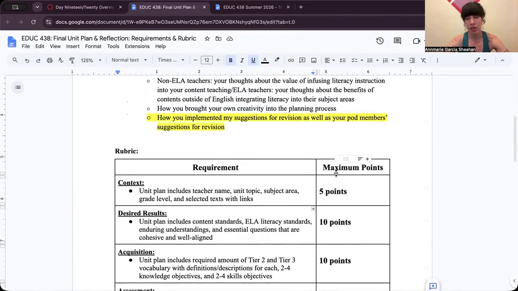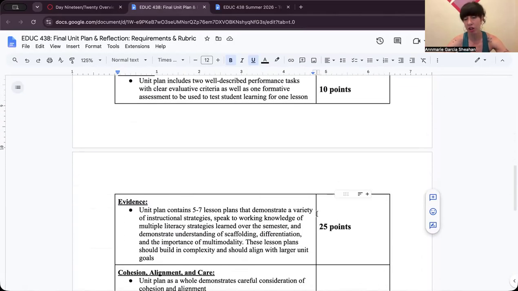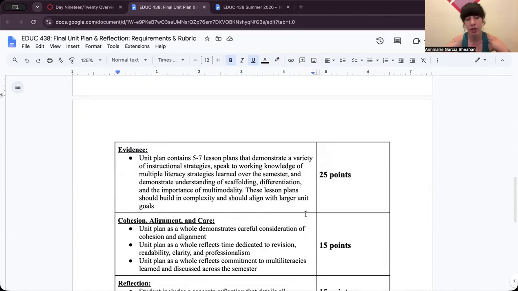And then you'll notice that the highest bulk of points is, of course, for your 5 to 7 lesson plans, okay? And that is, of course, what we just did. Then you're going to get 15 points overall for what I call cohesion, alignment, and care, okay? So your unit plan as a whole is demonstrating cohesion, it's demonstrating alignment, all of the different sections align with one another, they make sense together.